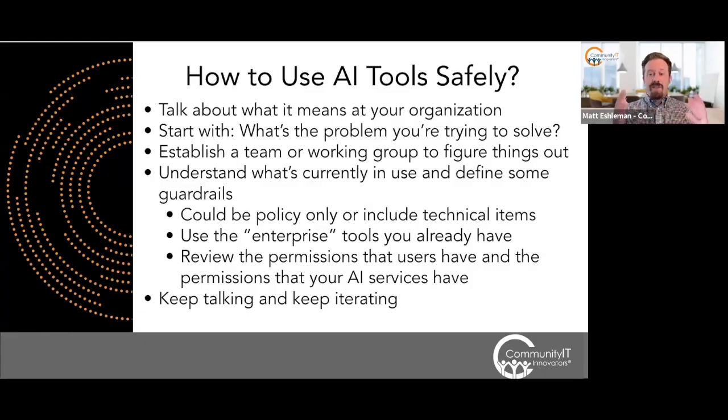Things like meeting note taking and action items are a pretty clear use case. That's something I think a lot of people can get on board with. But if the problem you're trying to solve is related to grant applications, just throwing an AI tool at it may not be the solution that gets you the result you're looking for. So I think it's important for organizations to really define, hey, let's not talk about the technology first.